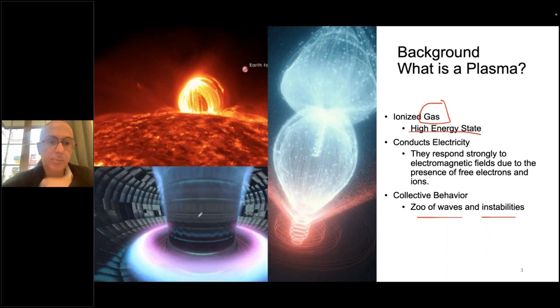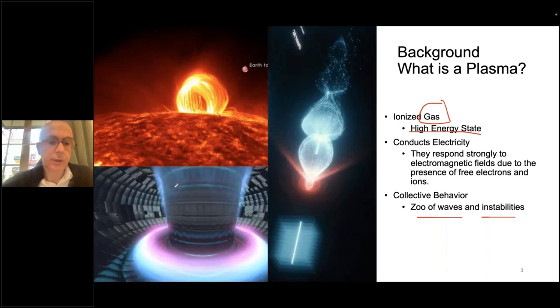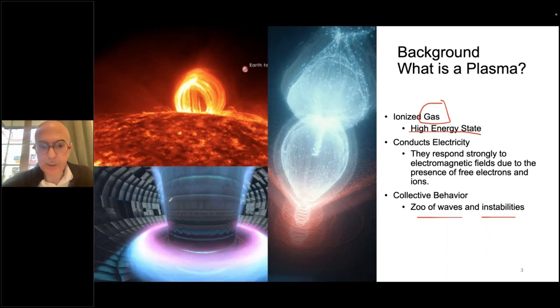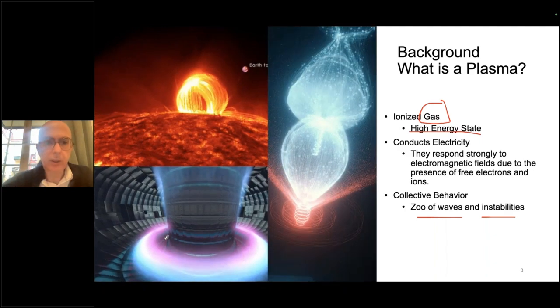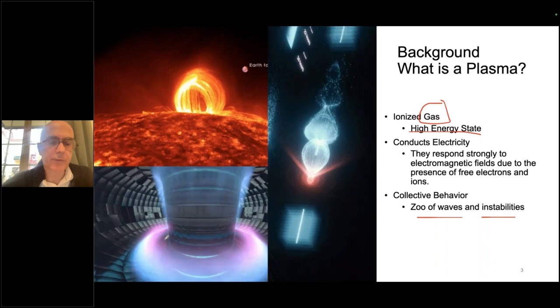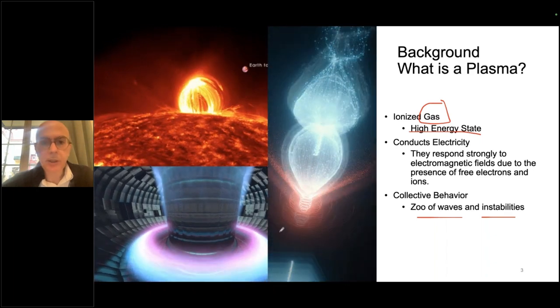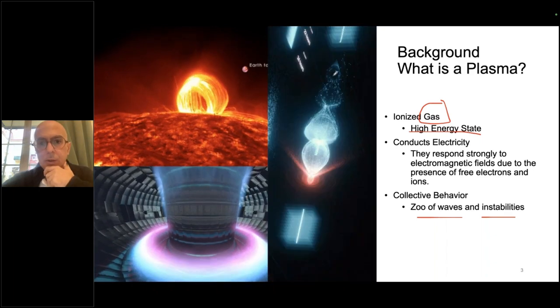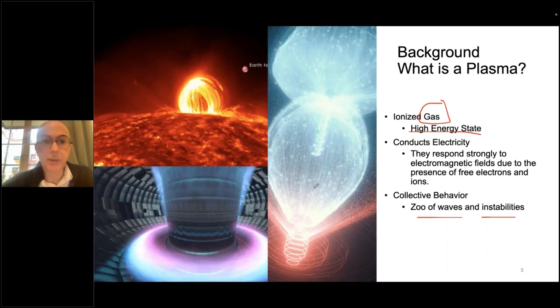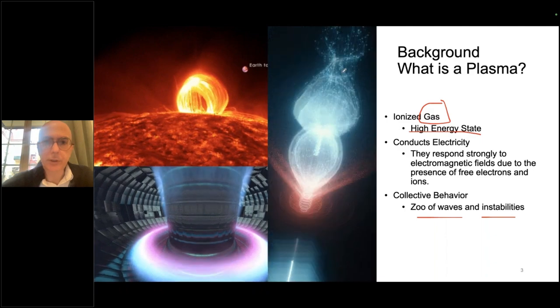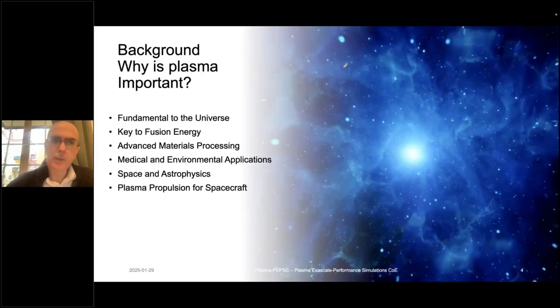This is plasma. Plasma is the mechanism for creating fusion energy in the first fusion devices that we're using. They're also widely used in accelerator technologies, for instance, for creating beams through the interaction with lasers.